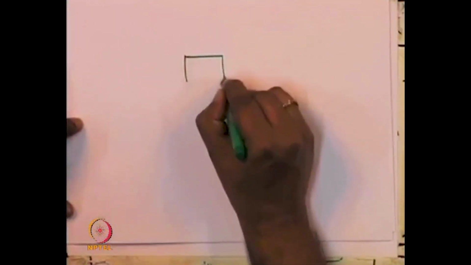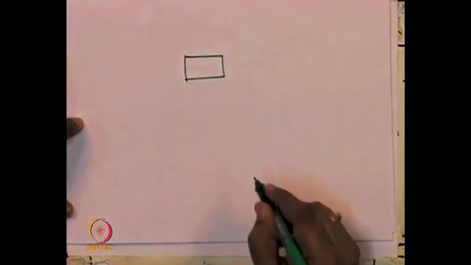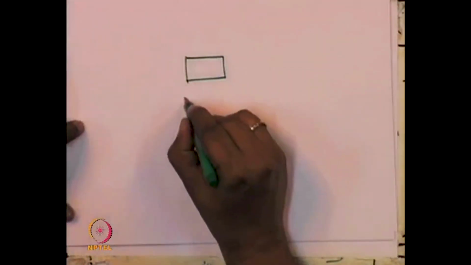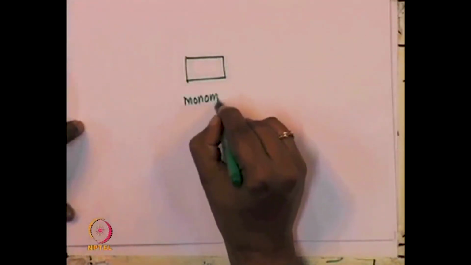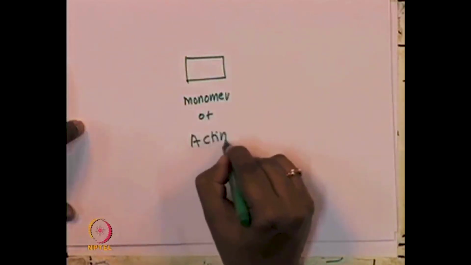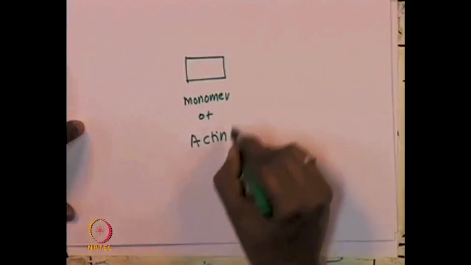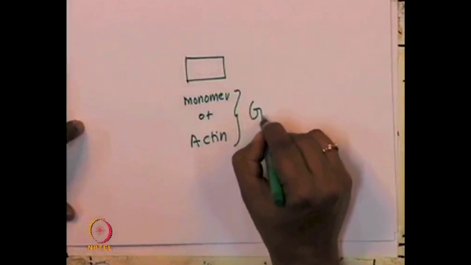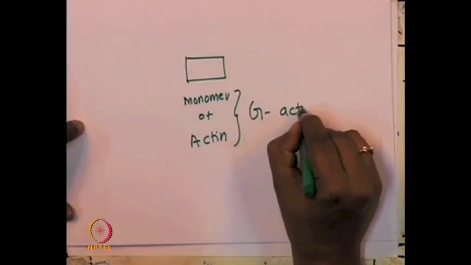So, just like any polymer, it is made of many monomer units. So, let us quickly represent here. For simplicity, I will represent a monomer by these blocks. So, this is a monomer of actin, which is called G actin.